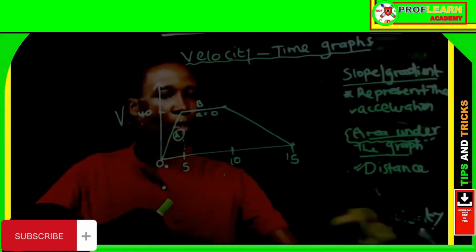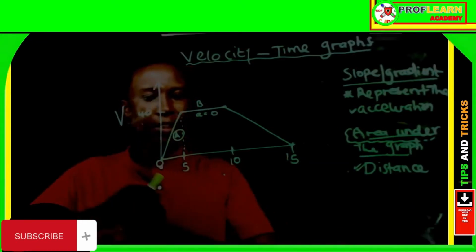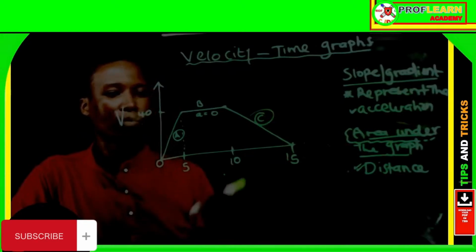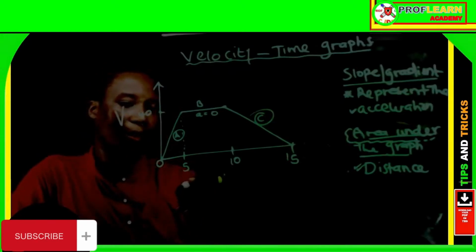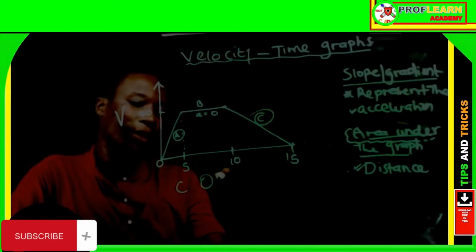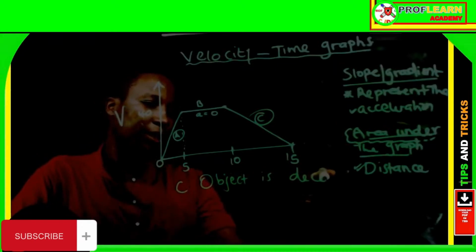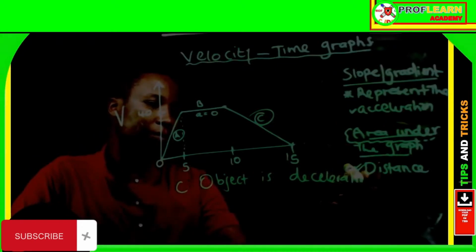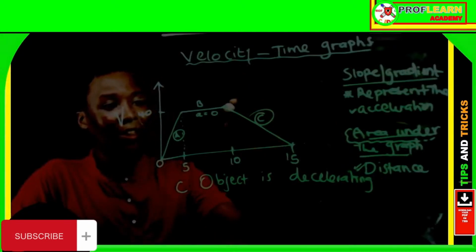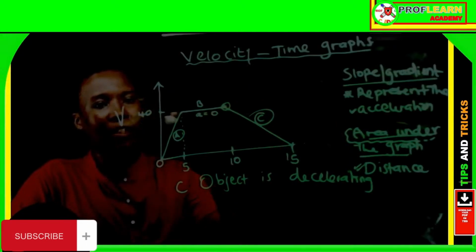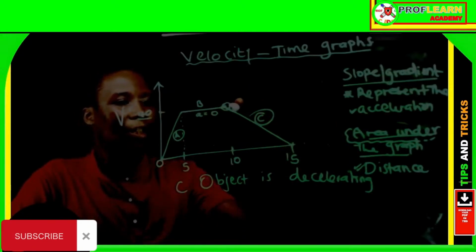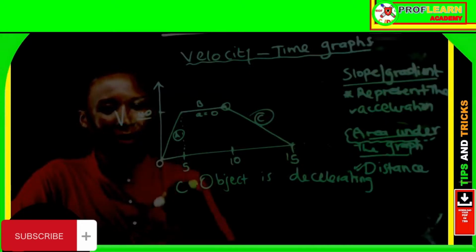Then now let us talk about region C, this region C here. In the region C, the object is decelerating because the object is slowing down. It was initially moving at 40 meters per second. It slows down to 0 meters per second.